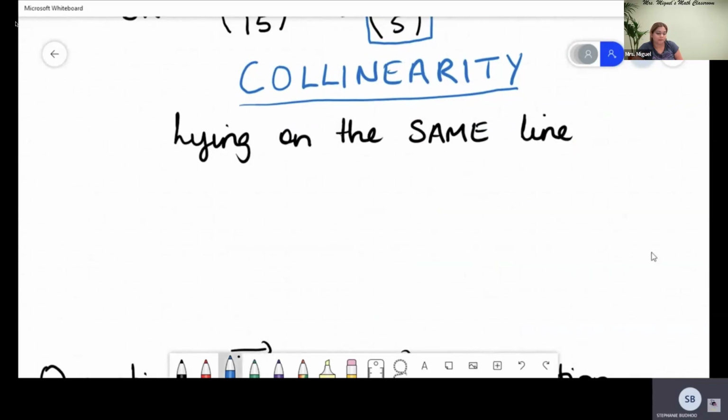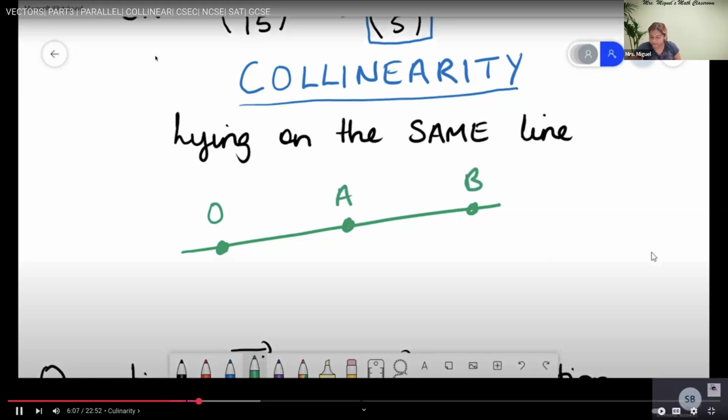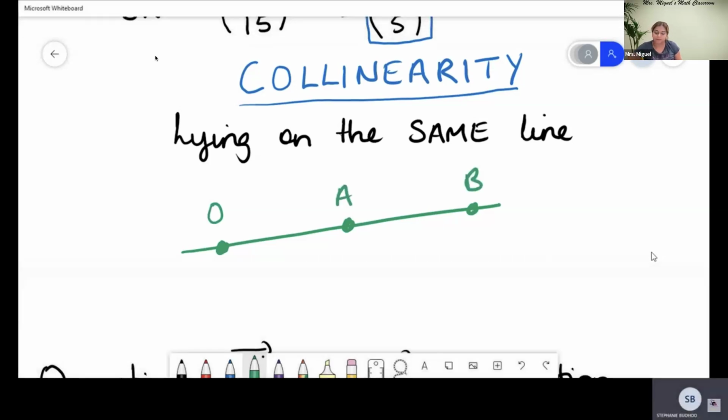For example, if I were to draw on screen here a straight line, and on that straight line, I were to highlight 3 points, and I were to call my points O, A, and B, you can clearly see that those 3 points lie on the same line. Now, what if I were to break up these vectors that lie on this line?